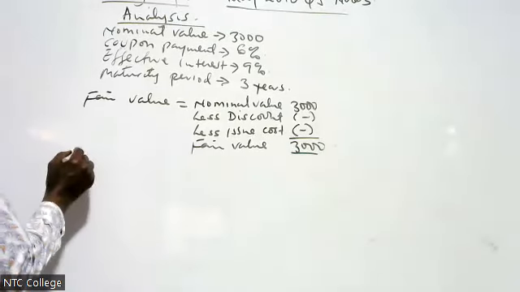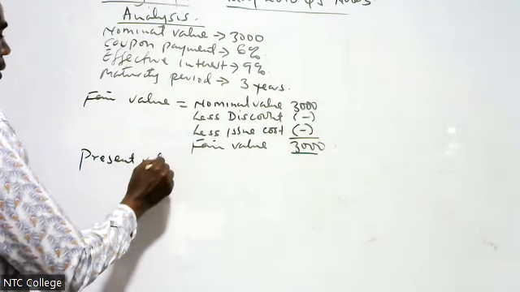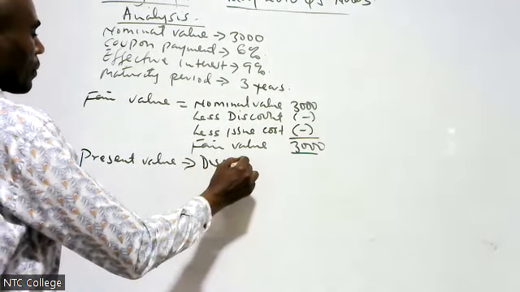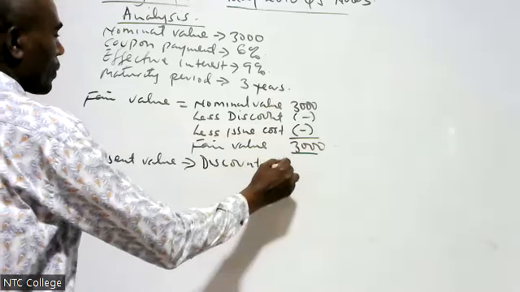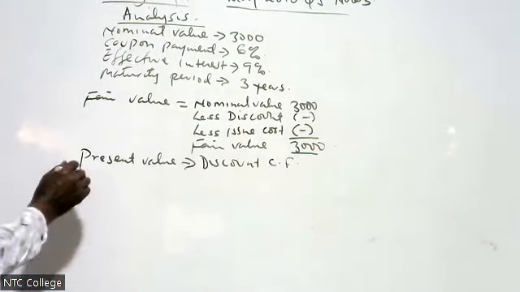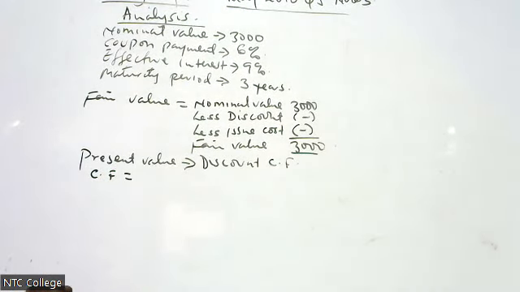Then I come to the present value. For present value, you discount cash flows. Where do I get the cash flows?